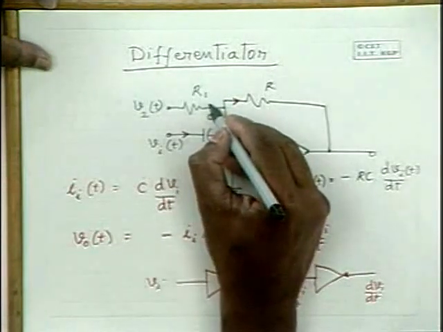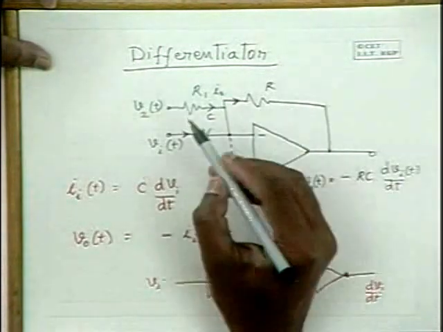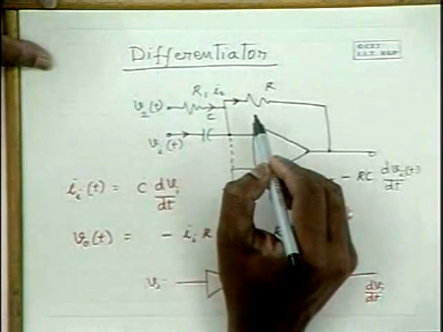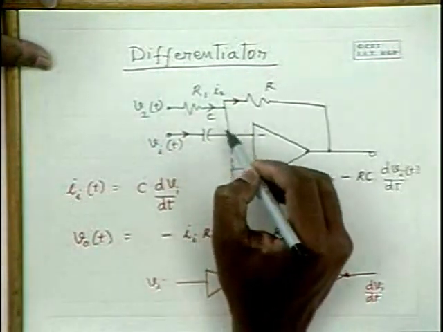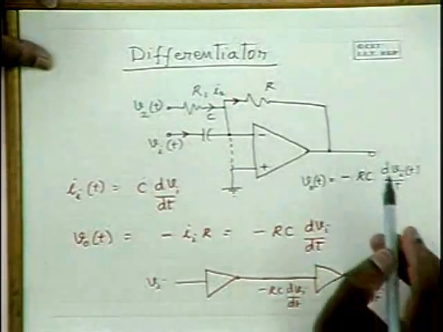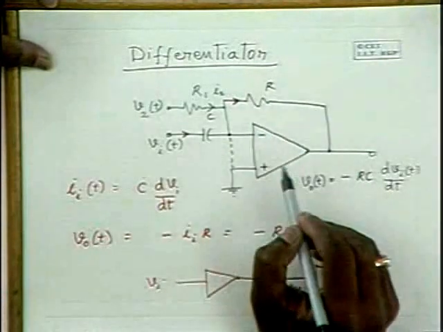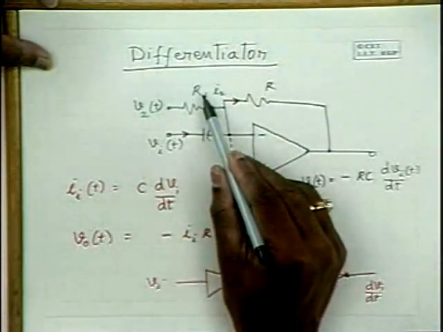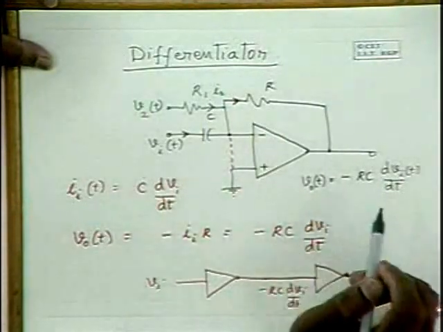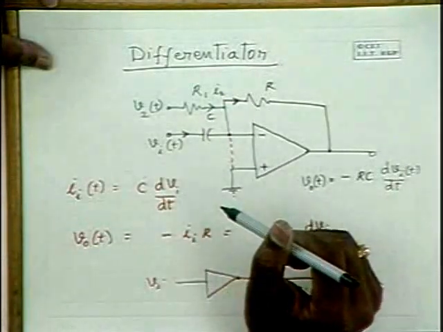Here the current that flows through this is I2, and since this is a virtual short, I2 is V2 by R1. Now I1 plus I2 combined goes through R, hence the voltage drop across R is R times that current, which is equal to this current plus this current, and this current is minus C dVi by dt, and this current is V2 by R1.